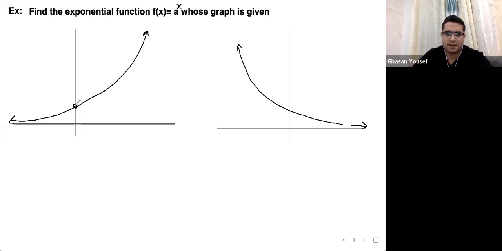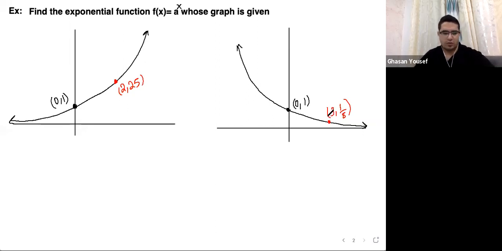This point again is always 0, 1, and this point here is again 0, 1. The first curve passes through the point 2, 25. And the second curve passes through the point 3, 1/8.